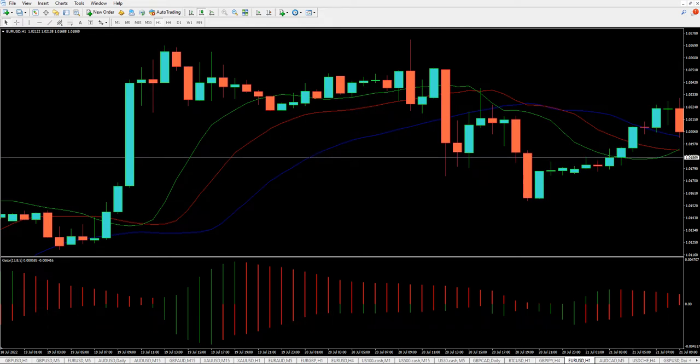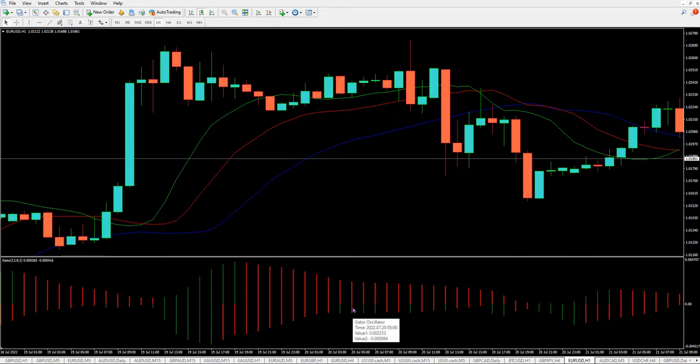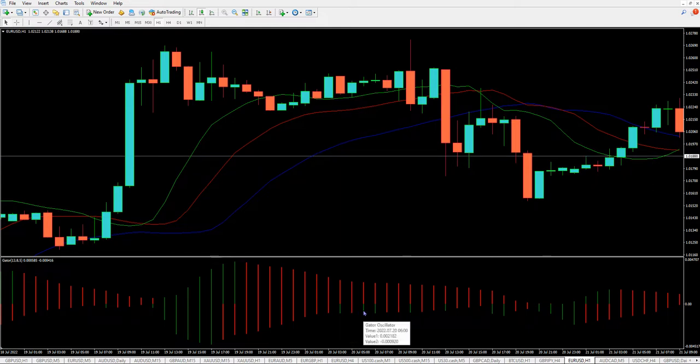The next phase is the awakening phase, and that happens after the sleeping phase, when we see red on both sides, we then see one of the bars turn green. It doesn't matter which one, whether it's above or below the zero line, but when we see green start to show up, what that's telling us is a trend should start forming soon.